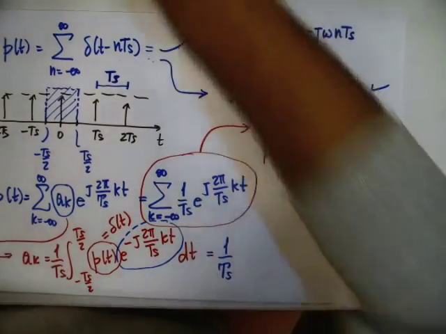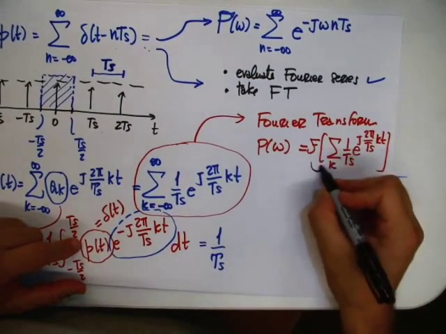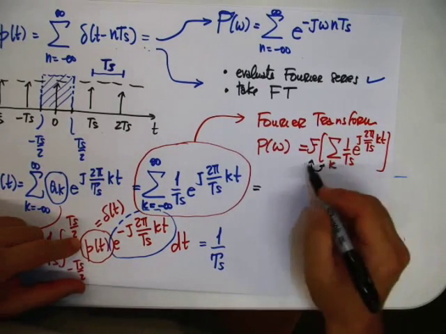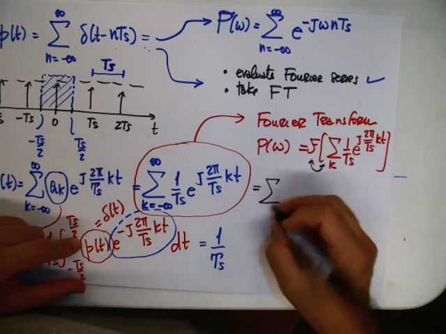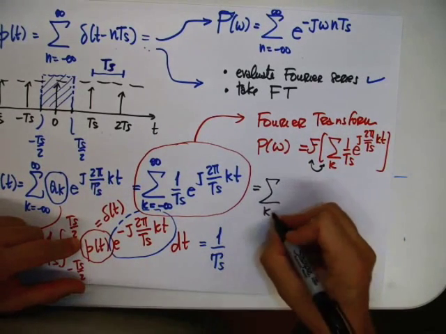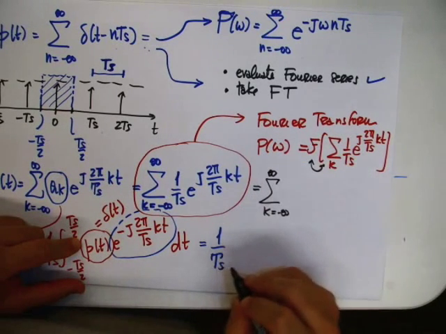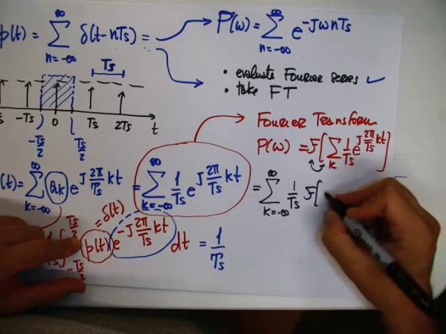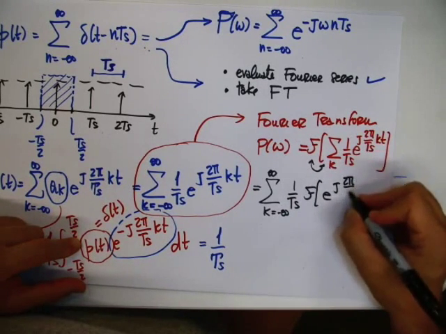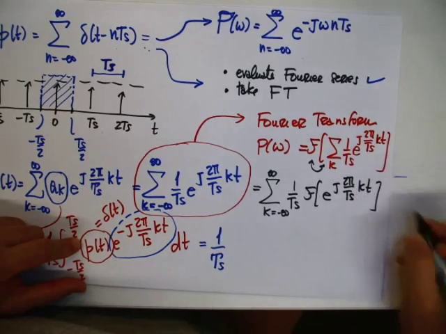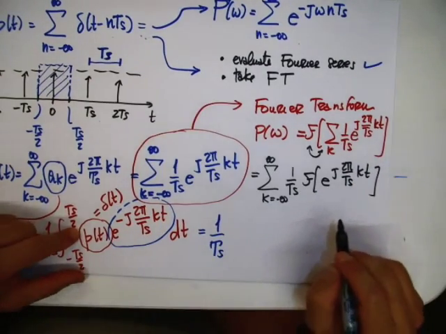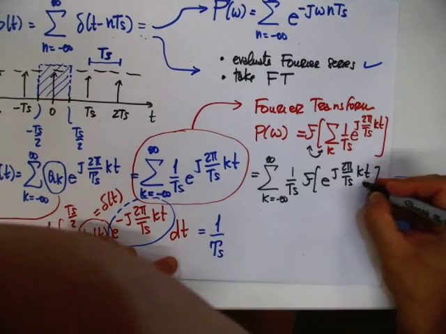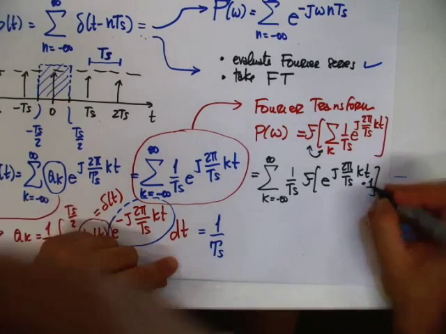Because of the linearity of the Fourier transform, I can swap the sum with the Fourier operator, and here I have the sum from minus infinity to infinity of 1 over Ts, the Fourier transform of e to the j 2 pi over Ts kt. But now I can apply the modulation property of the Fourier transform, because here I can assume that this is 1 times the exponential.